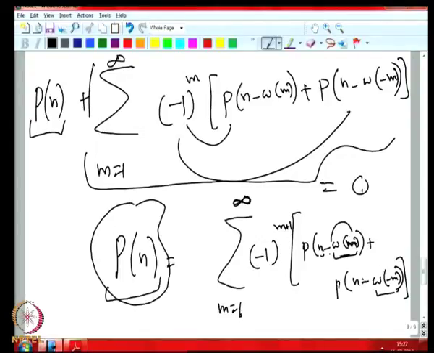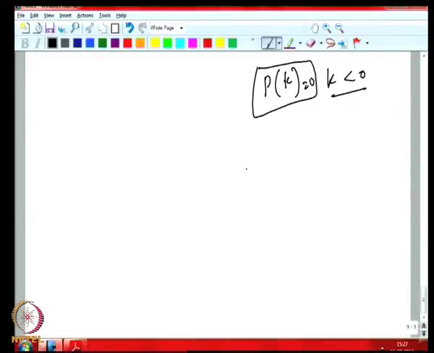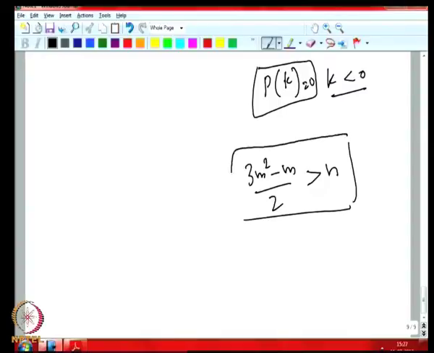After some time, when 3m square minus m by 2 becomes greater than n for some m, then onwards we do not have to consider the terms. This will be approximately square root of n values. So, we can estimate exactly that some constant times square root of n values have to be considered.